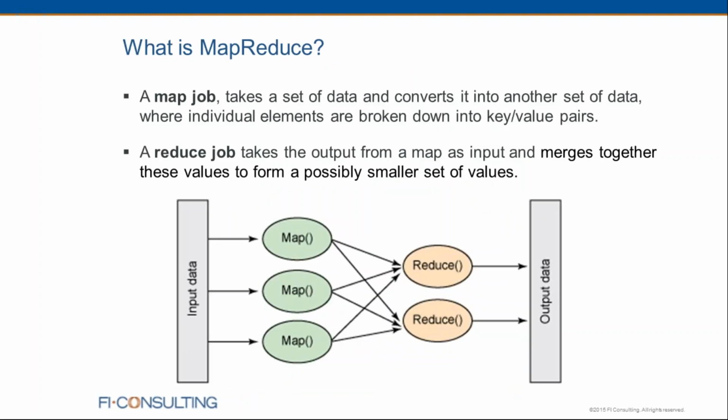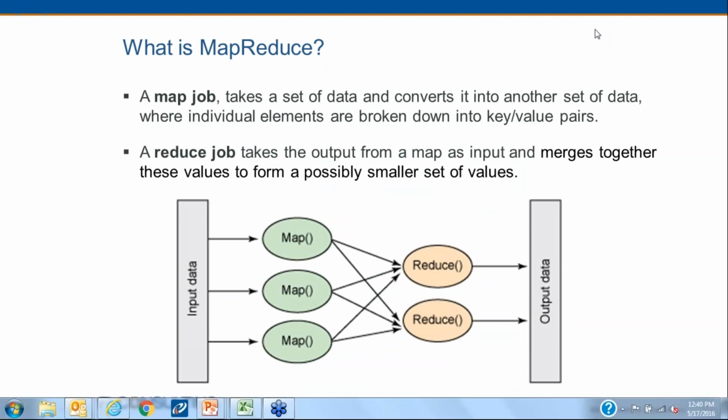So what is MapReduce? You might have heard a lot about MapReduce or Hadoop. It's basically a parallel processing framework that is quite popular nowadays. And it basically splits up a parallel processing task into 2 parts. One is a map job and one is a reduce job.